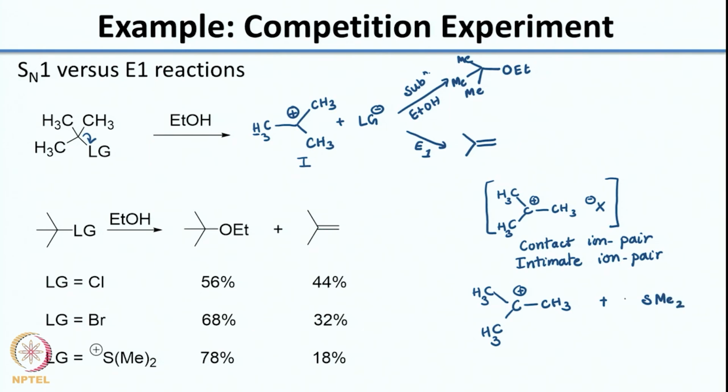So once you generate this neutral species, it does not have as much of an affinity for the carbocation as compared to the earlier cases. So you do not form an intimate ion pair and you see a greater extent of substitution. So a very simple competition experiment here was able to tell you what is the nature of the intermediate.